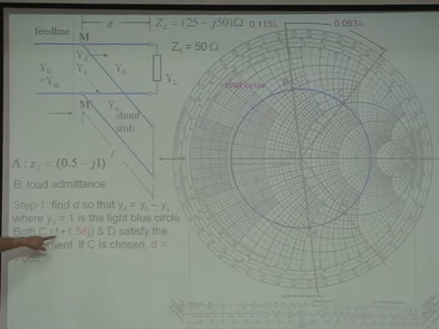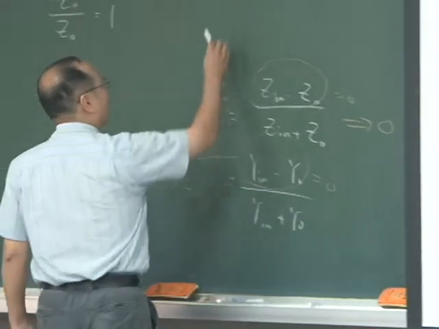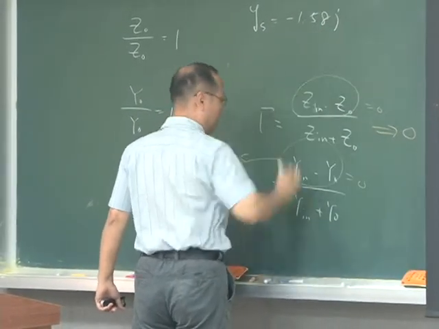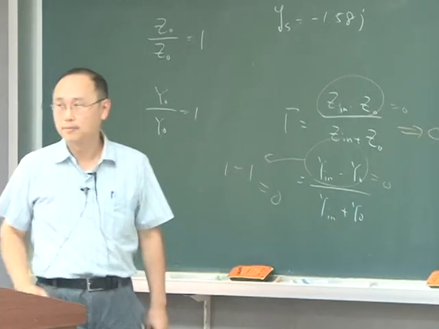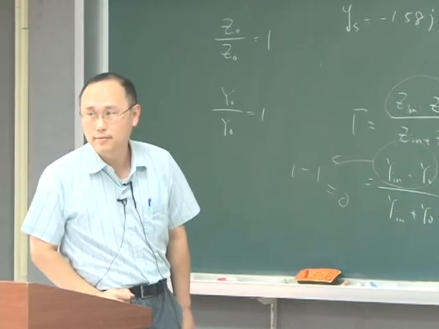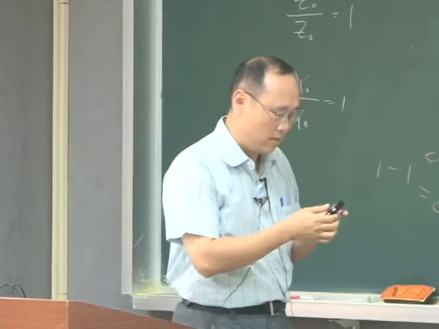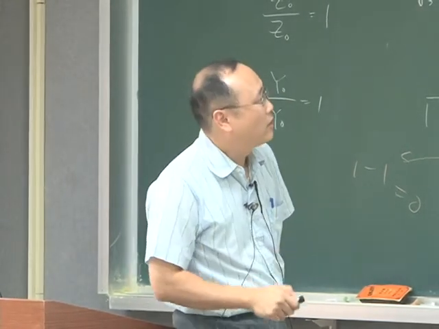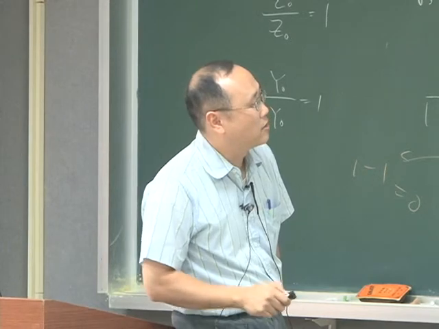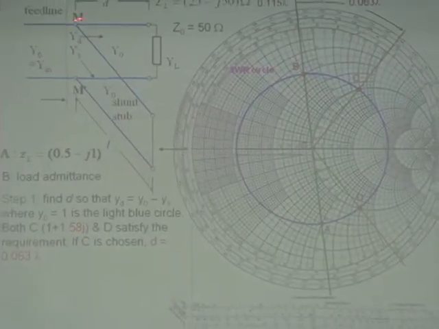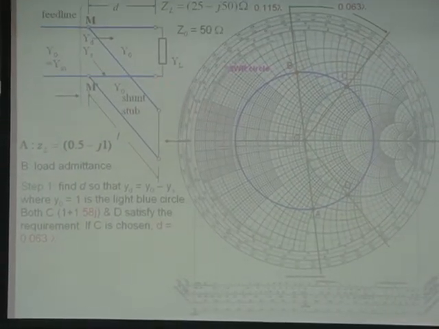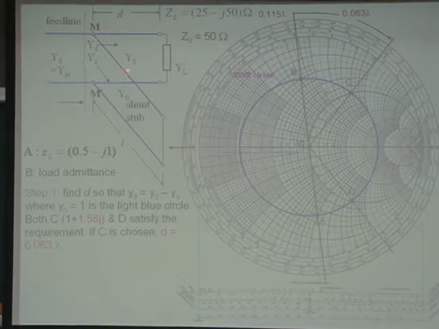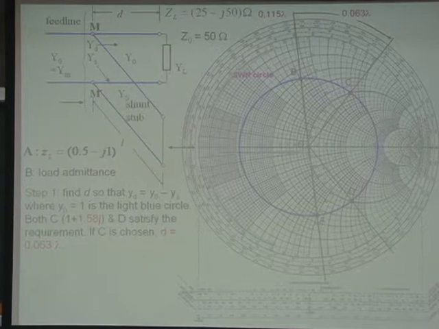To cancel this, I must create an admittance equal to minus 1.58j. Now we are dealing with the second transmission line. This SWR circle is associated with this transmission line. Now I need to identify the SWR circle for this line.